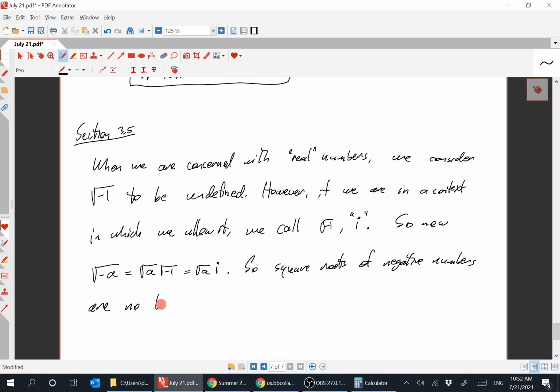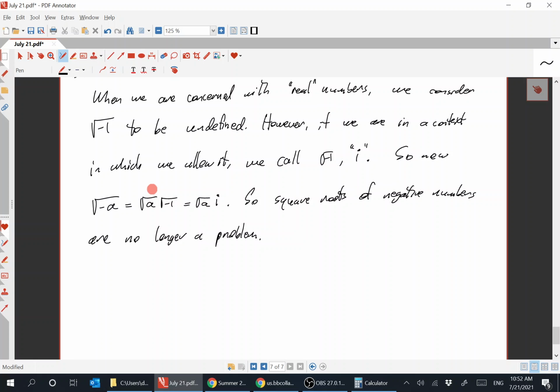And the fundamental theorem of algebra says that every polynomial of degree n has n roots when allowing for these imaginary numbers.